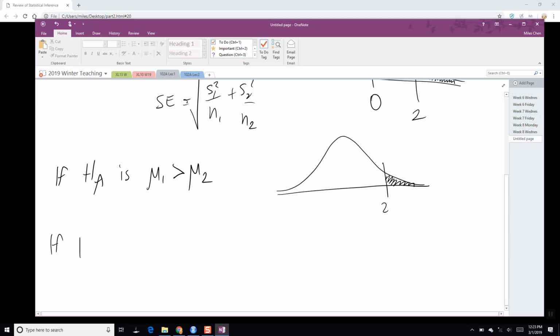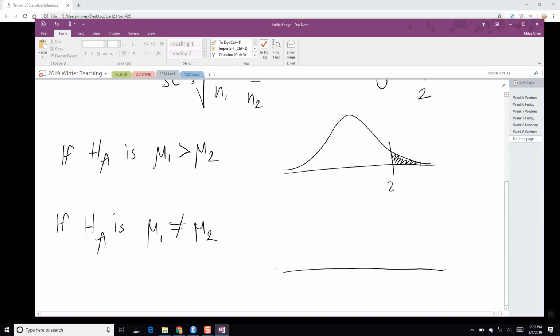But if the alternative hypothesis is that mu1 is not equal to mu2, then we would shade in both sides, because a difference of 2 or more is interesting, but a difference of negative 2 or more is also interesting. Both the positive and negative sides are interesting to us.